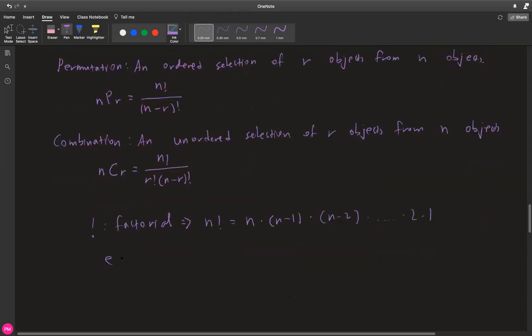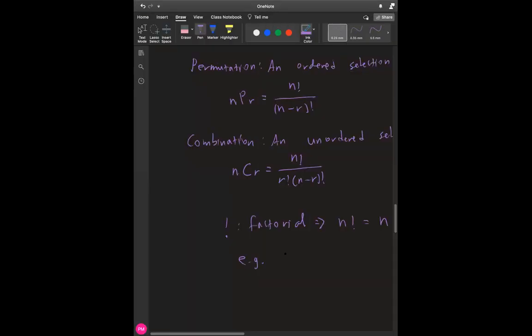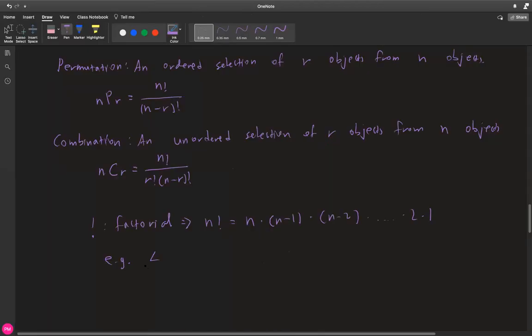So for example, if you have 4 factorial, that's simply 4 multiplied by 3 multiplied by 2 multiplied by 1, and that's 24, and so on and so forth.